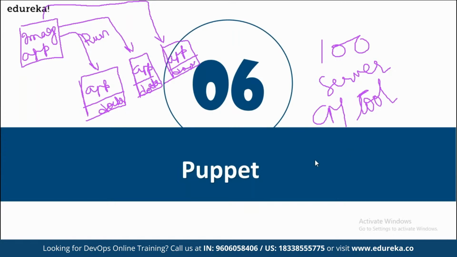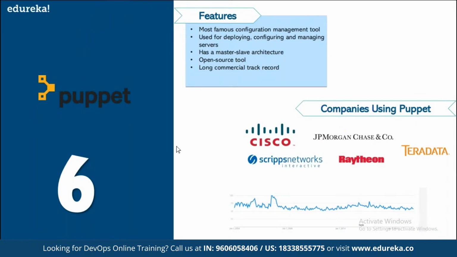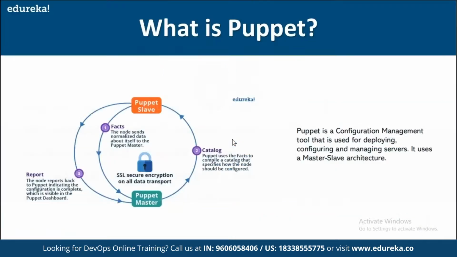Puppet is the oldest and a most commonly used configuration management tool, and it is open source. It works on master-slave architecture. Here the agents pull the configurations from the master machine and apply them. Now let me show you. We write code here on the master machine, describing what changes you want on your slave machine, and the slaves will pull that code and apply the changes.